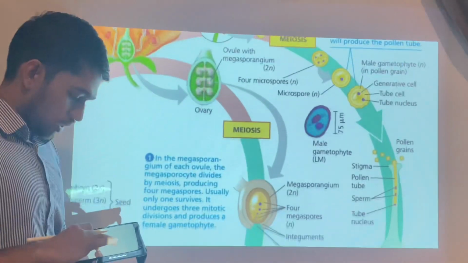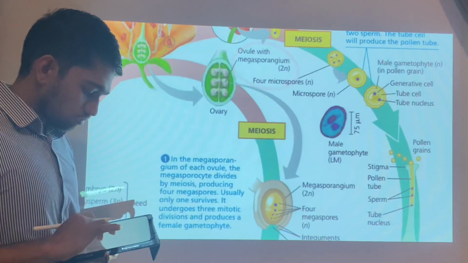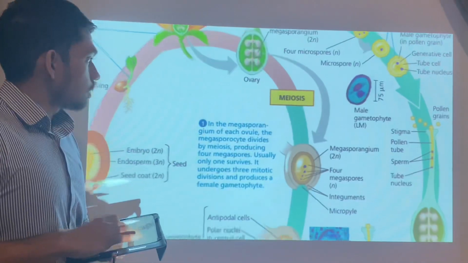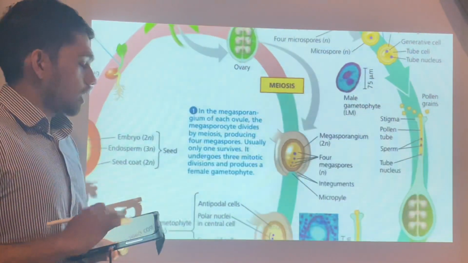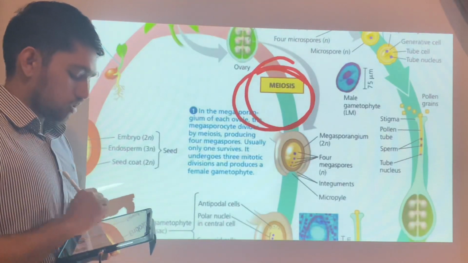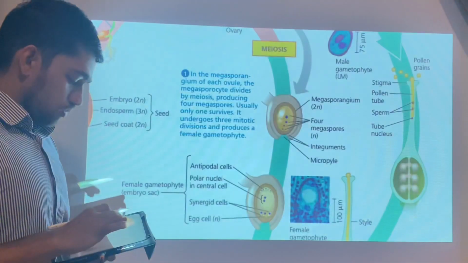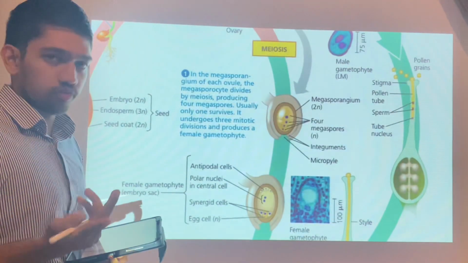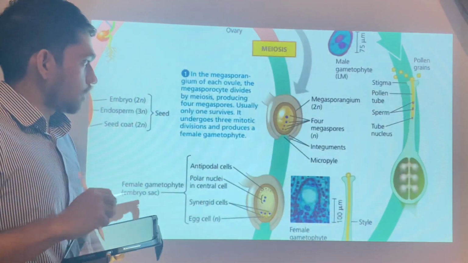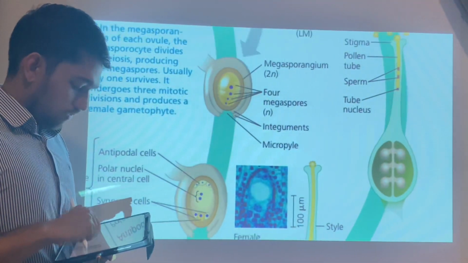Within the megasporangium, one of the cells will differentiate into a megaspore mother cell, and that cell will undergo meiosis to produce haploid megaspores. Meiosis actually produces 4 megaspores and only one of them survives. That megaspore will become the female gametophyte.